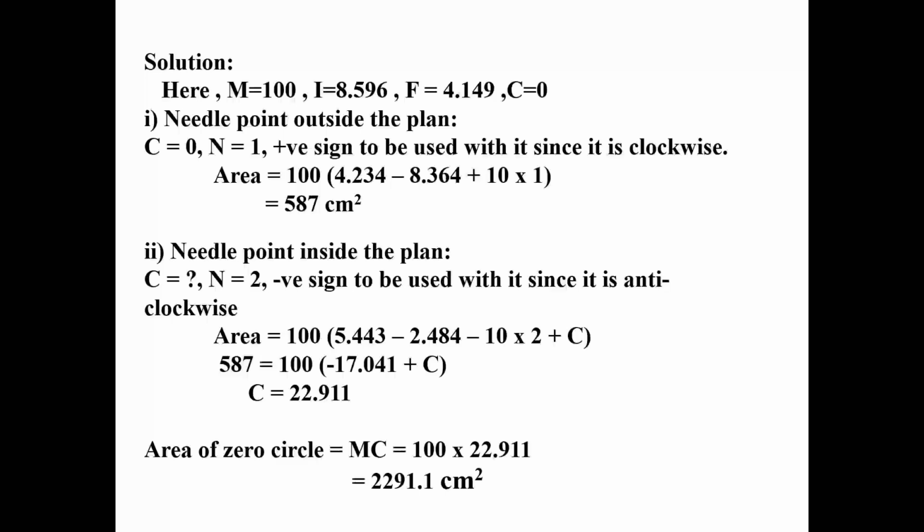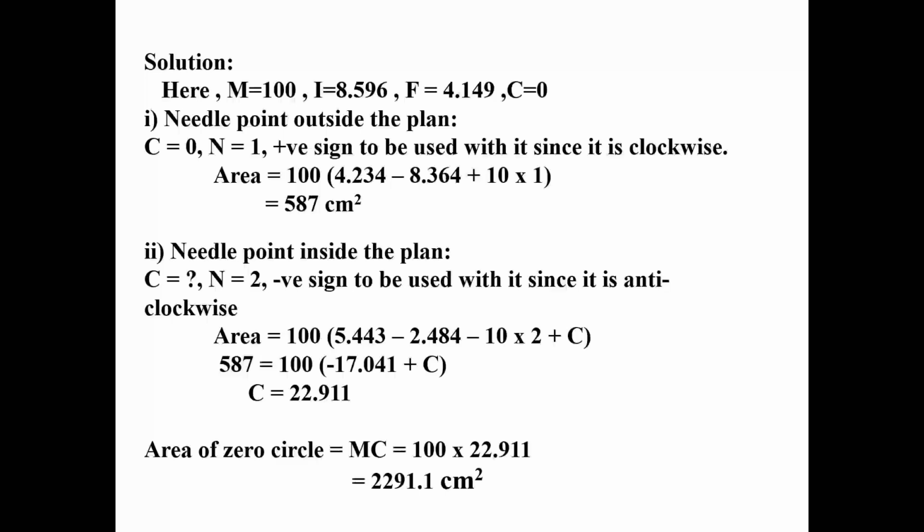Therefore, area equals 100 into 5.443 minus 2.484 minus 10 into 2 plus C. The area we found in the first case, you should use here in the second case. Then C is unknown, so C should be found. That C equals 22.911; there is no unit because it is a constant.